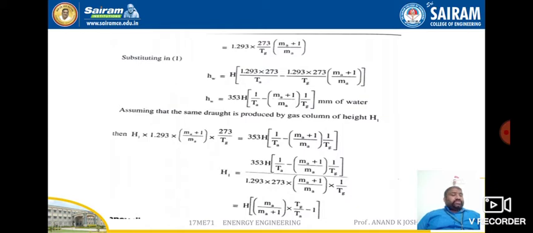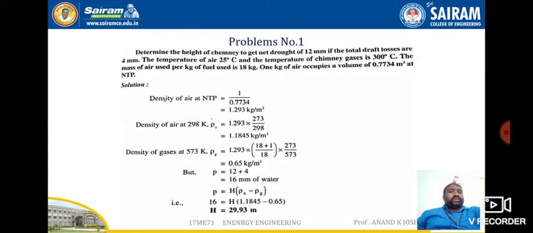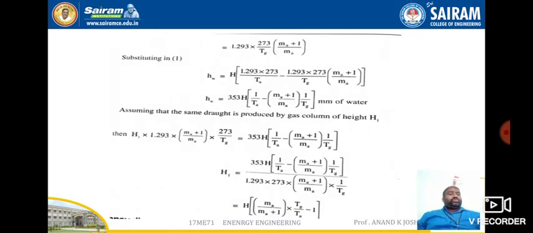Substituting all the values, finally H1 = H times Ma divided by (Ma + 1) times (Tg divided by Ta - 1). This is about the chimney height. The diameter can also be calculated as 1.128 times the square root of mg divided by rho g v. So this is about the diameter and height of the chimney.